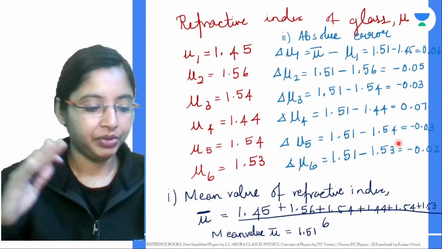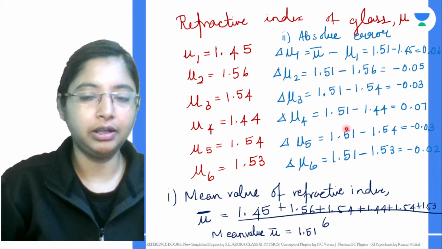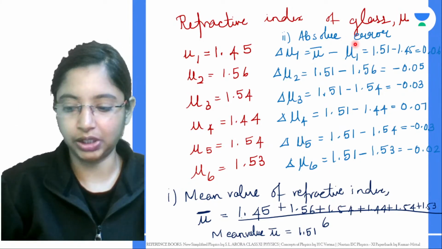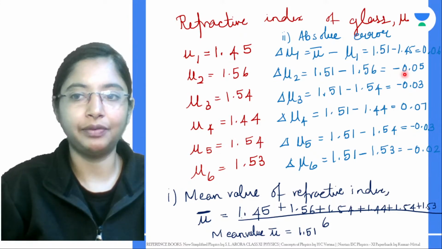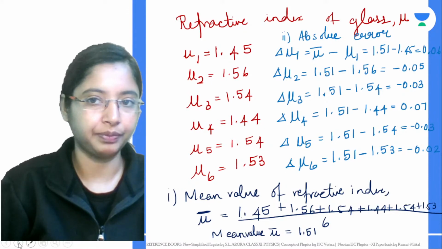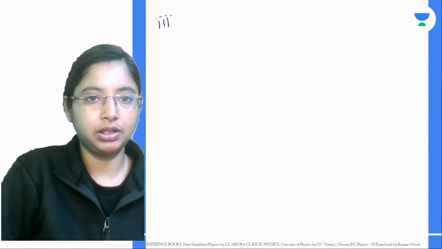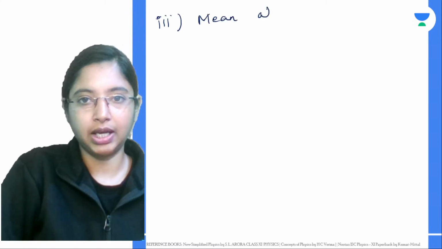So from the absolute errors, we are going to find the mean of the absolute error, taking the positive value by taking the modulus of each value, so the negative values also become positive. The third case you're seeing is the mean absolute error.